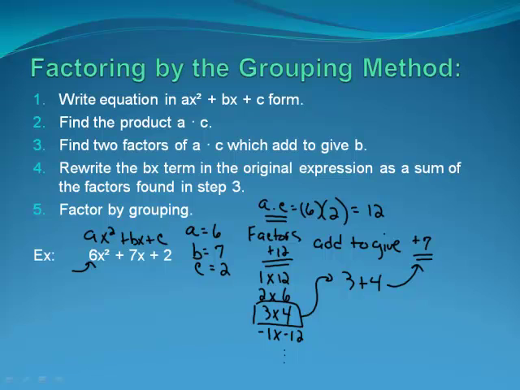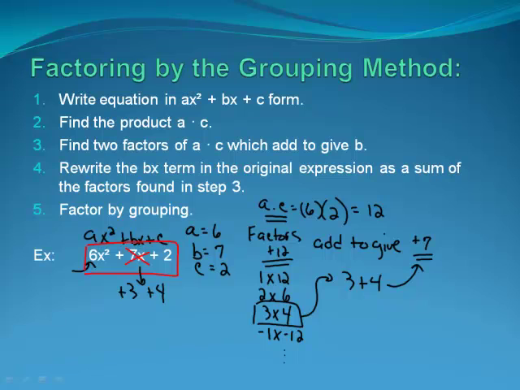In other words, if you come back to the original problem, we're going to rewrite that middle term using the factors that we just found, which was a positive 3 and a positive 4.